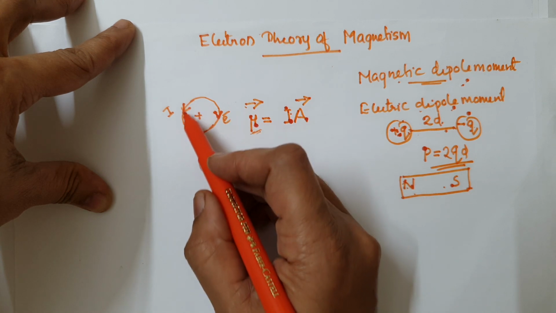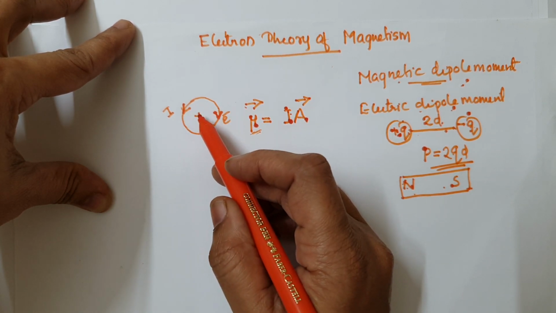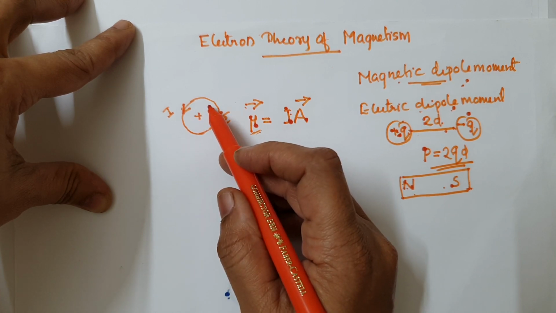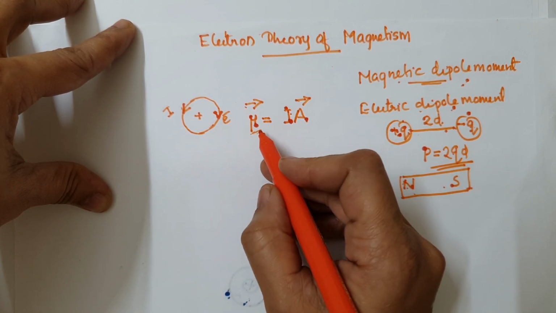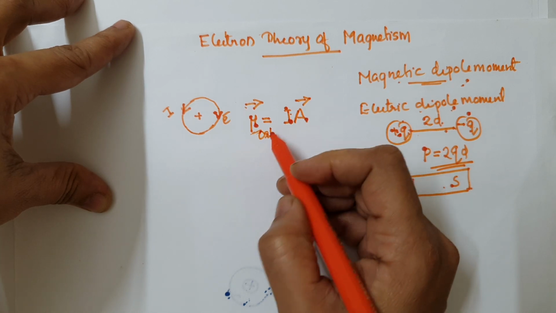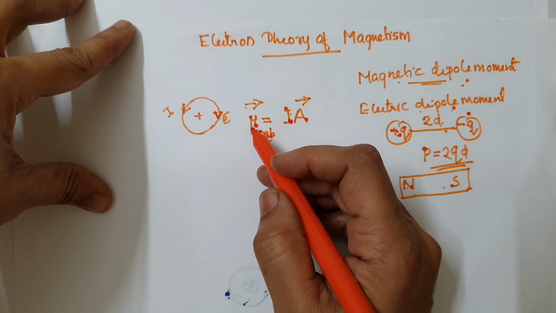Here we are considering the magnetic dipole moment because of the orbiting of the electron around the nucleus, and hence this magnetic dipole moment is called mu orbital, the orbital magnetic dipole moment.